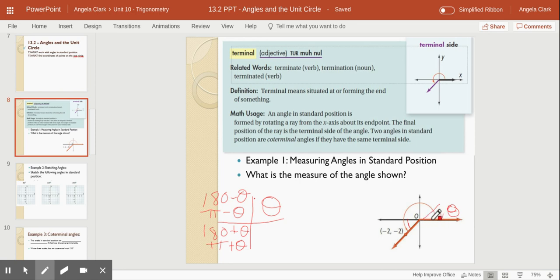So I'm going to think of this as being 2 pi instead of 0, because if we go all the way around and then come back the amount of the reference angle, that's going to be 360 minus the reference angle.